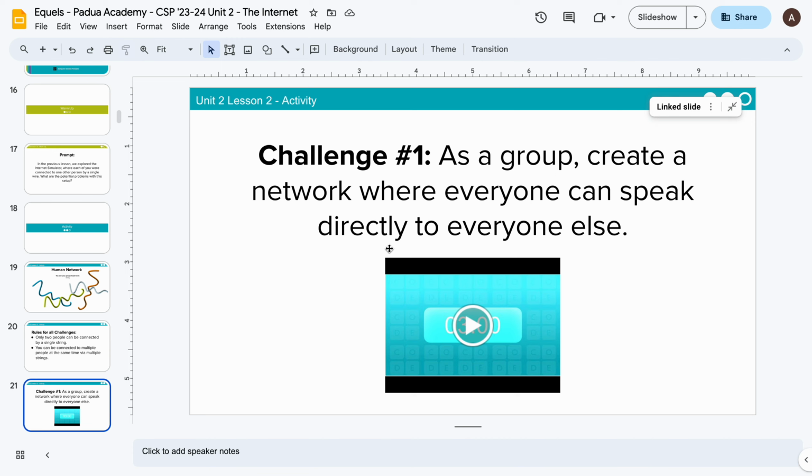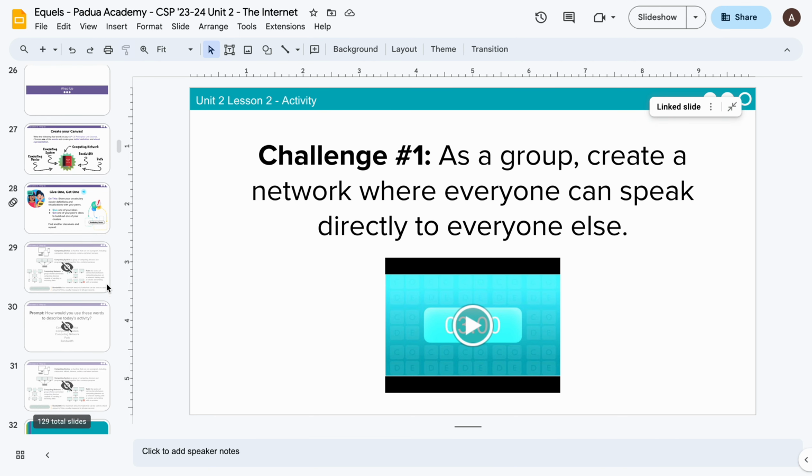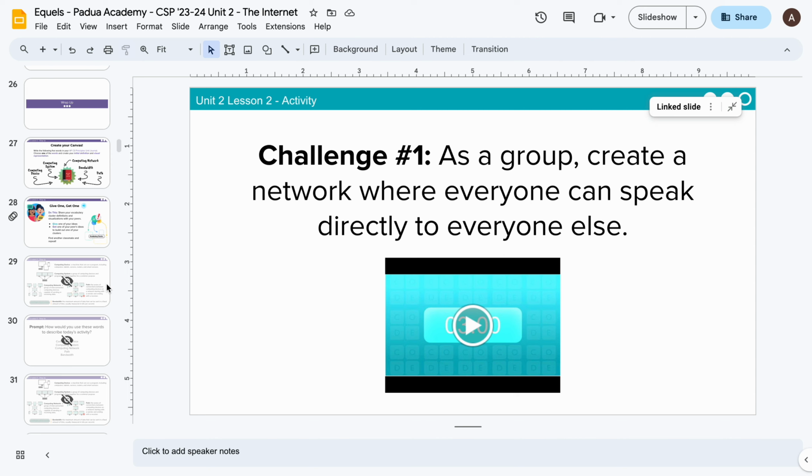Then I will sort of skip the challenges on the slides here, and then obviously you will see them in class, and then you will work together to sort of figure out how these different networks work and the limitations that are being imposed on you, essentially.